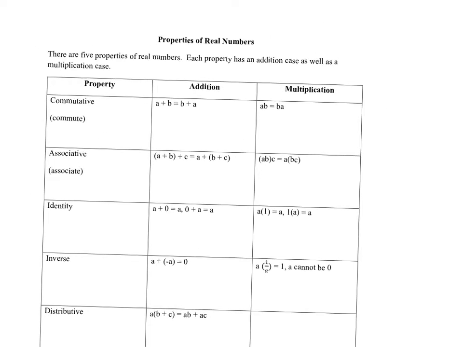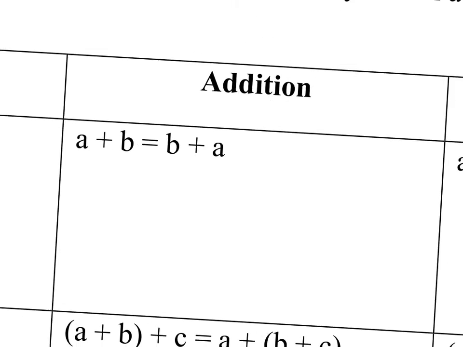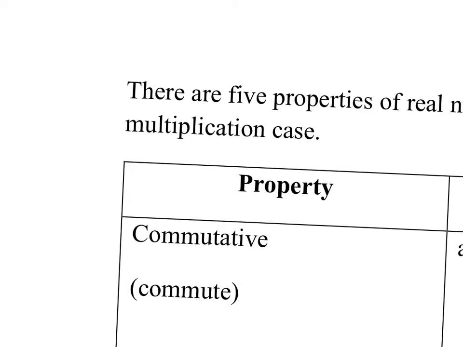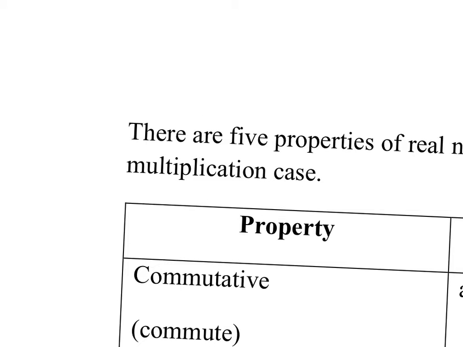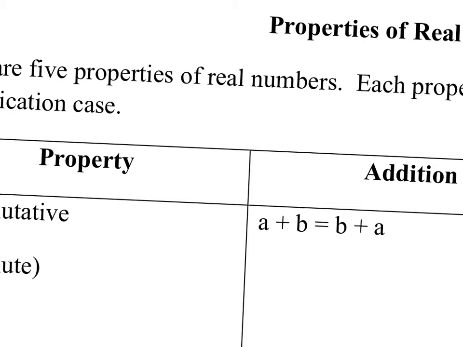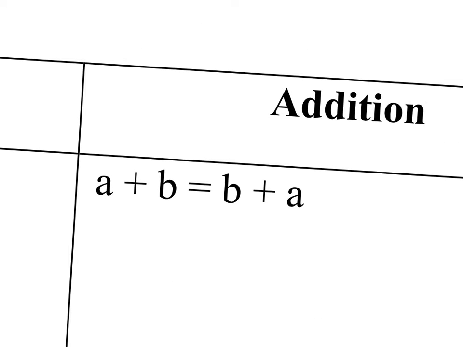The easiest way to remember it, if you're just looking to identify it: the word commutative has a root in it, the word commute. We know that means to move, to travel. So I'm looking at the equal sign, and I'm looking at the left side and the right side to see if anything traveled.